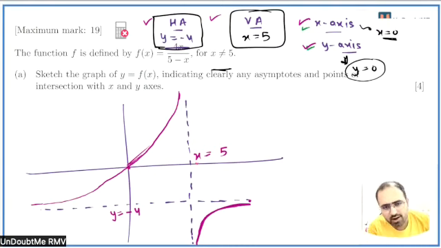Look, for drawing the graph, to know in which quadrant it is and where it is, there is no fixed rule. Okay, right now, I didn't use any rule. I just used my basic understanding that it should not cross any of the axes and it should have these two as asymptotes. So this is the only option.